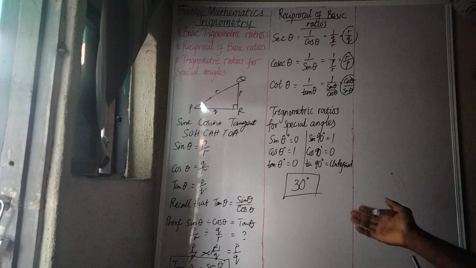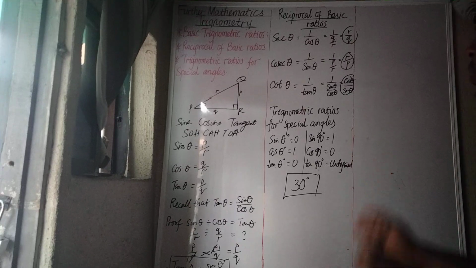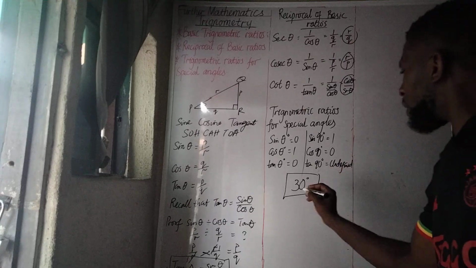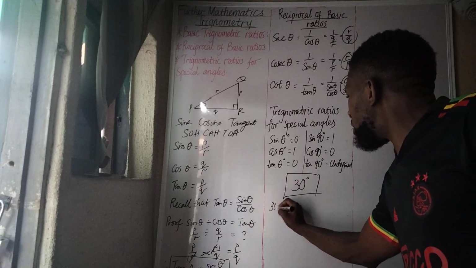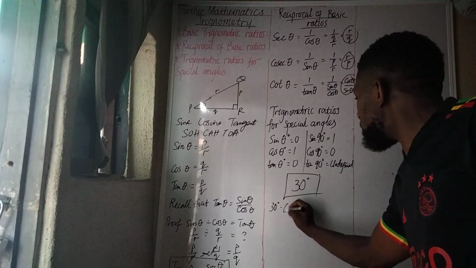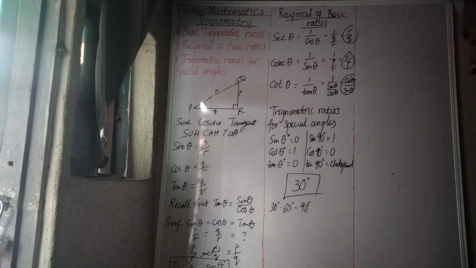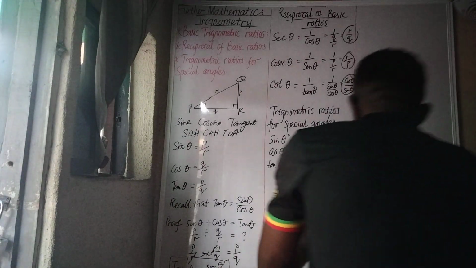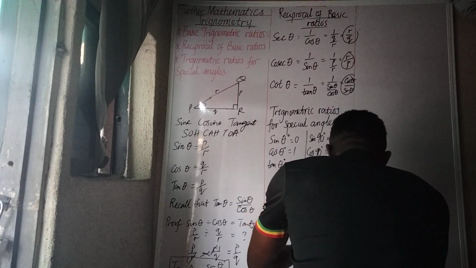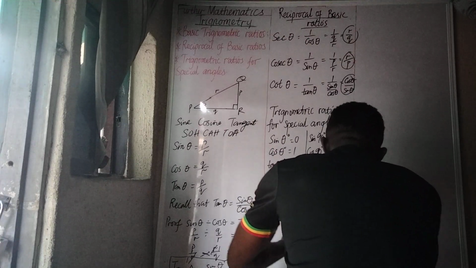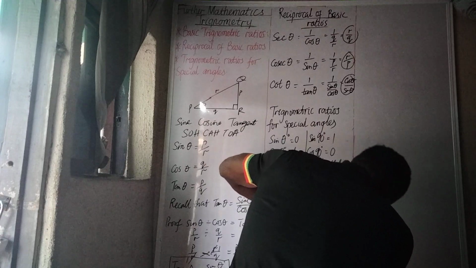This special angle 30 degrees is better solved with a 30, 60, 90 degrees right angle triangle, which will appear in this form.